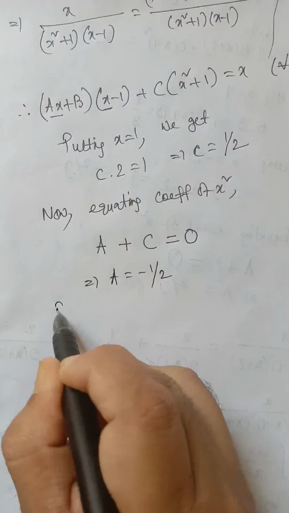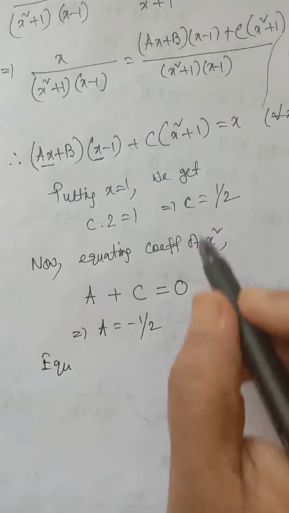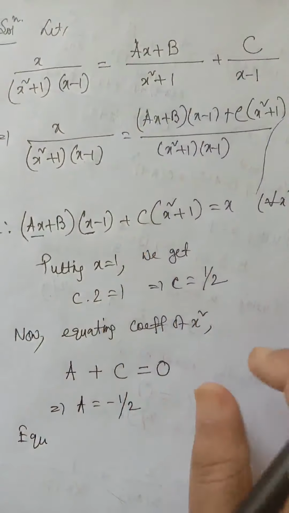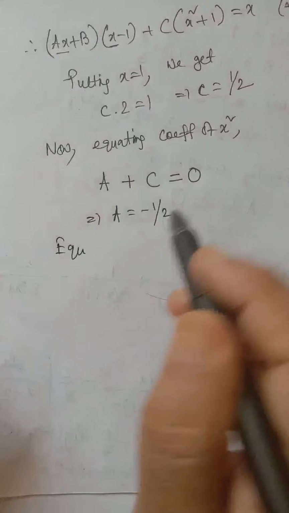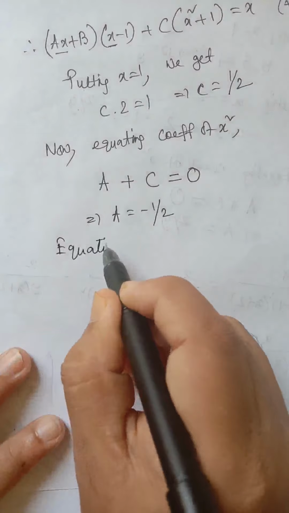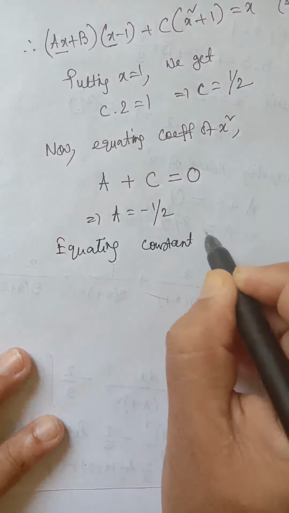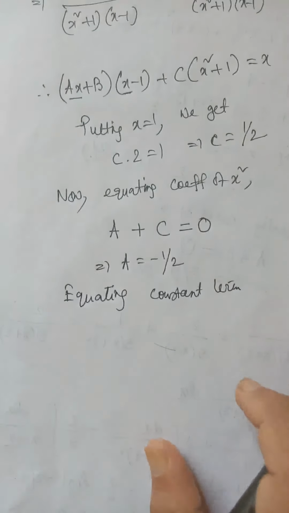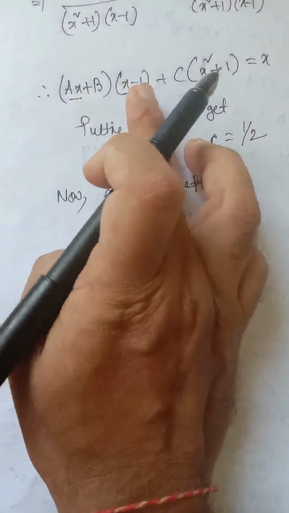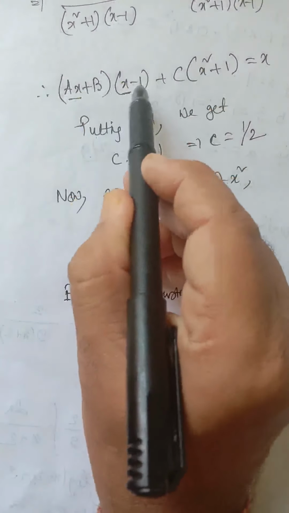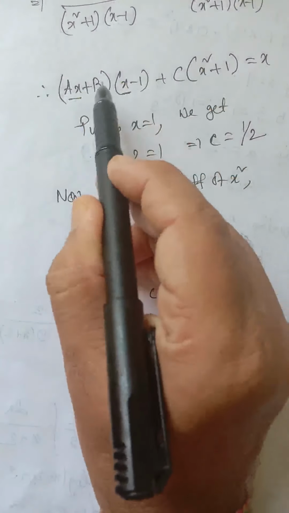Next, we have to find one more constant, which is b. So equating the constant term, you can see if we multiply these two, we will get b into minus 1, minus b, which is the only constant term. In all other terms there will be x.